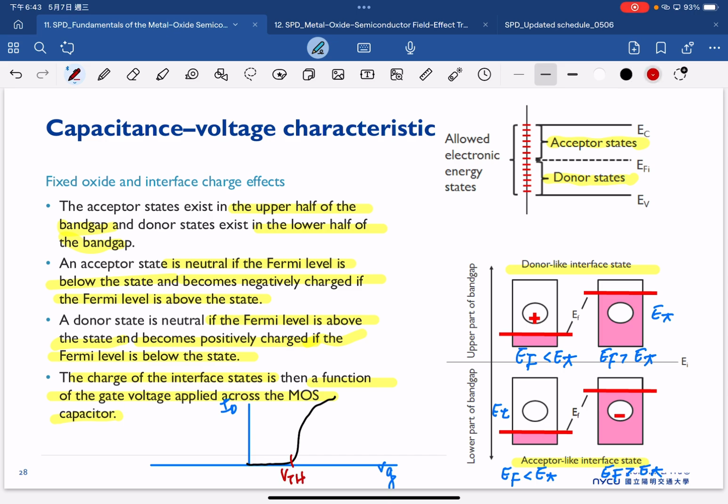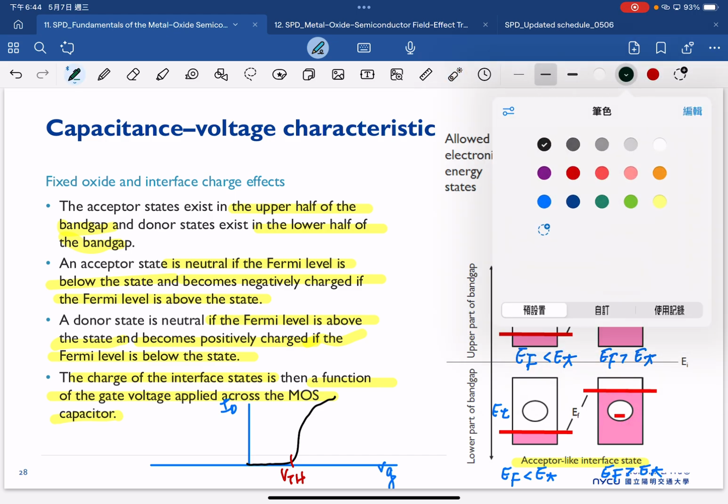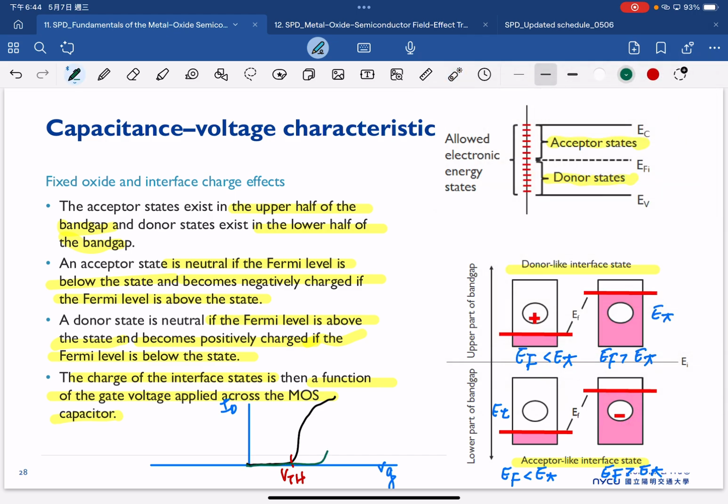But now, in the case that we have the acceptor-like state, which means that we have negative charges being trapped in the interface state, then in this case we will start to see the threshold voltage shift to the right.